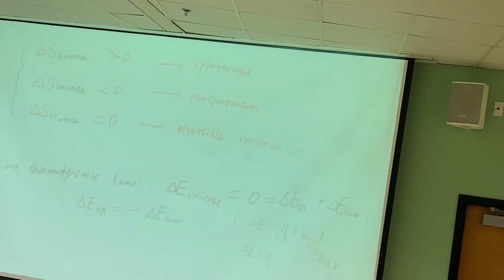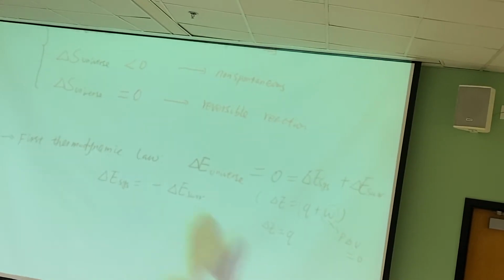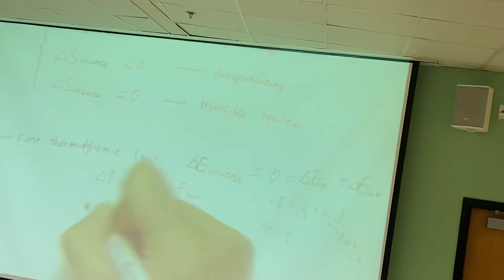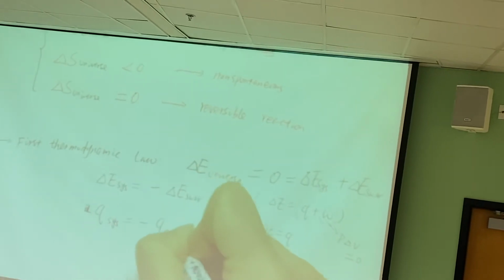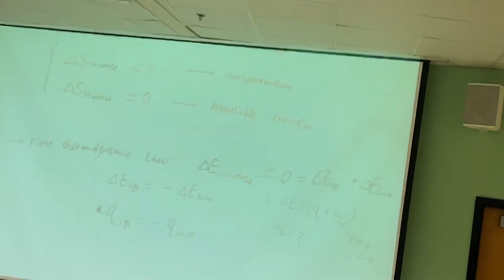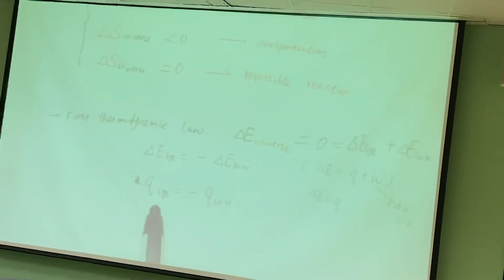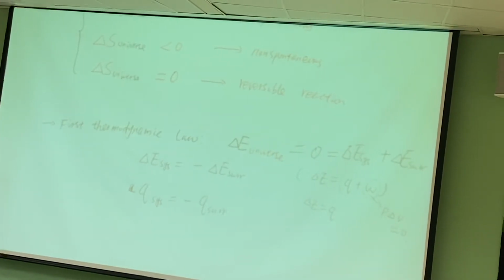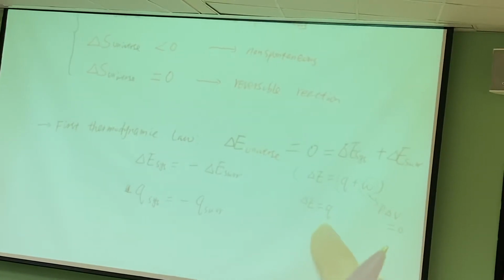So delta E system and delta E surroundings can be written by Q: Q system equals negative Q surrounding. Again, because delta V is 0, all energy change comes from the heat.